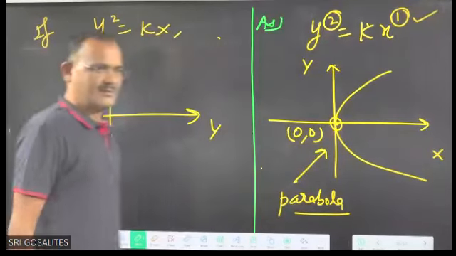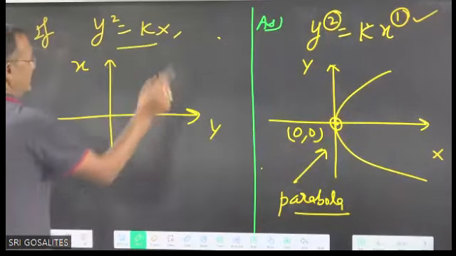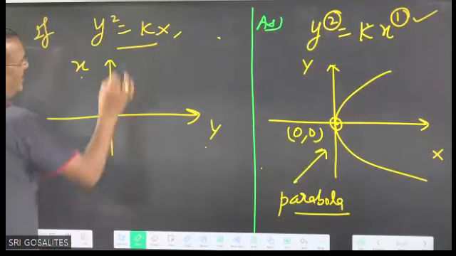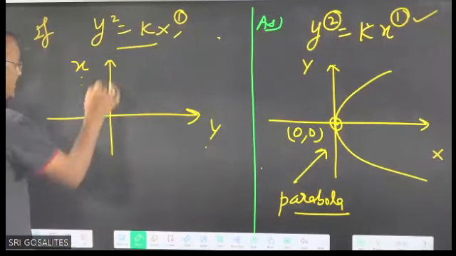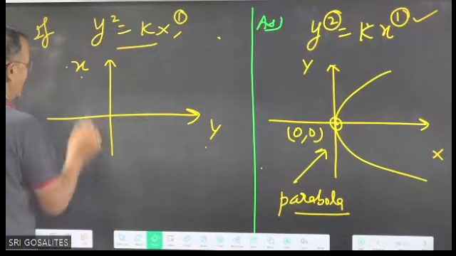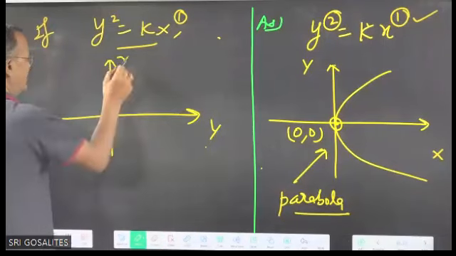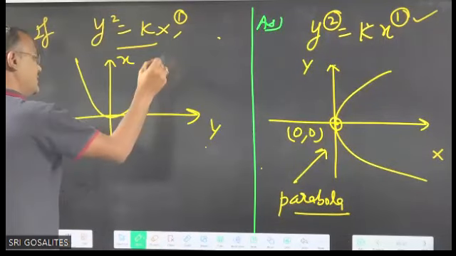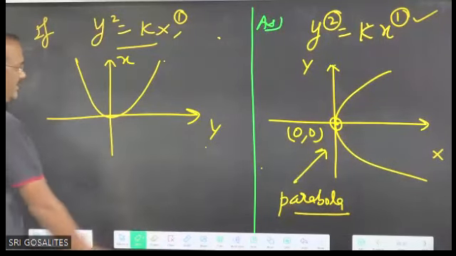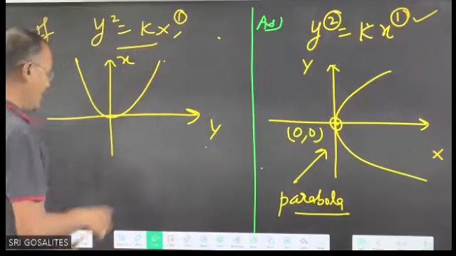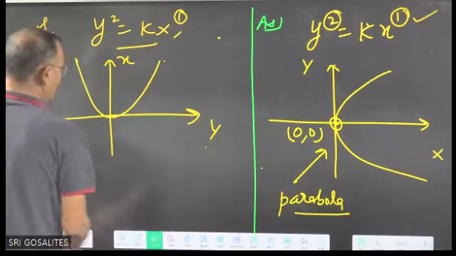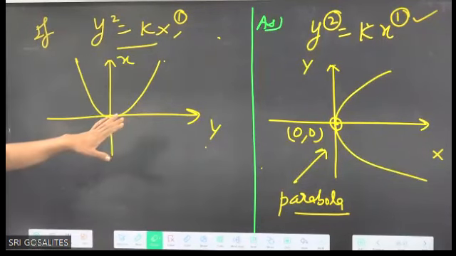Graph same hai, but I want here the y, here the x. Now, parabola will be symmetric to the x. We are taking this axis now. So how the parabola will look like? This. Understand? तो जिसकी पावर 1 है उसके सिमेट्रिक हमें बनाना होता है. अब now I think it's clear to you.